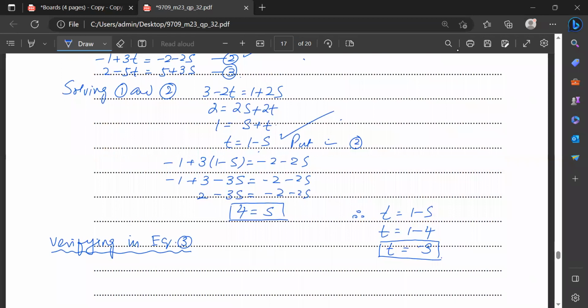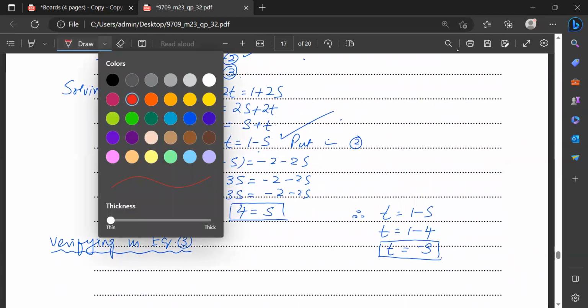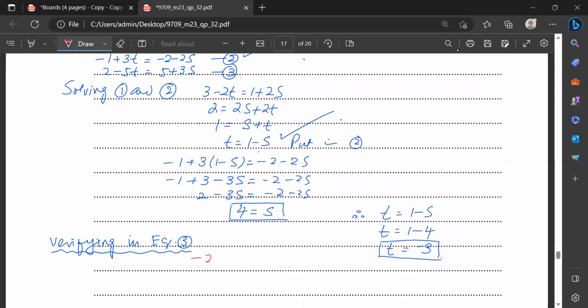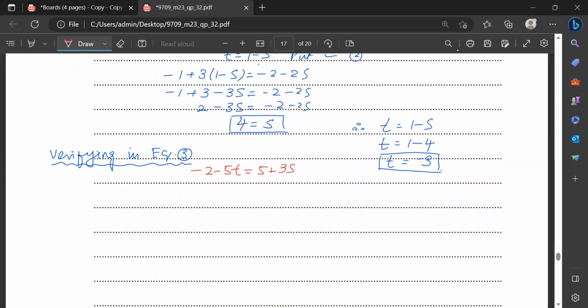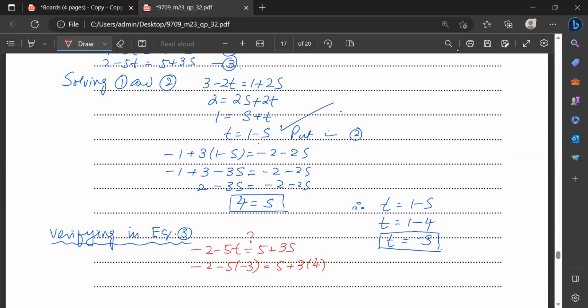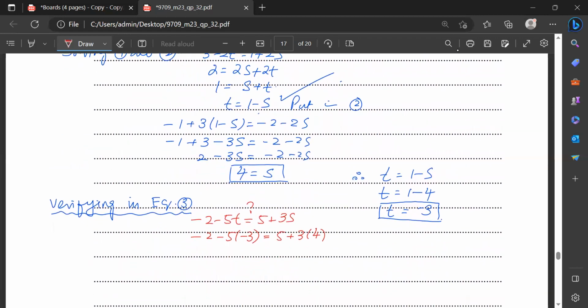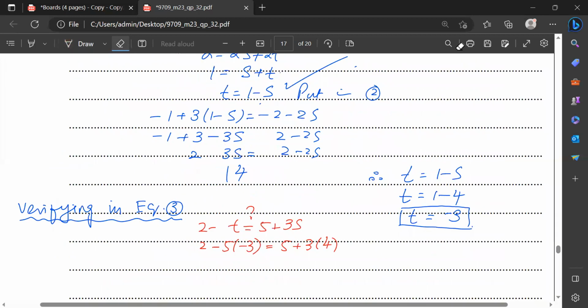The third equation is minus 2 minus 5t is equal to 5 plus 3s. Minus 2 minus 5 into minus 3. I'm just verifying it. 5 plus 3 into 4. Let me verify.